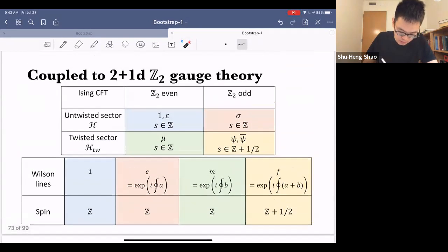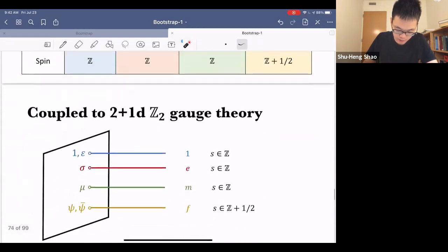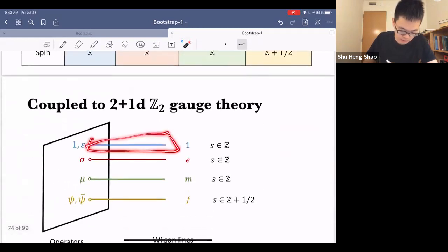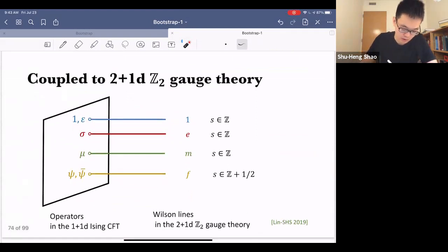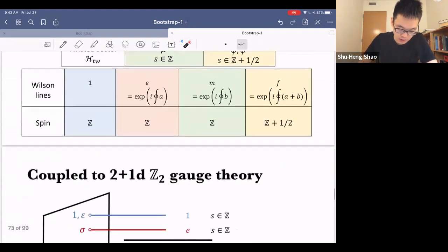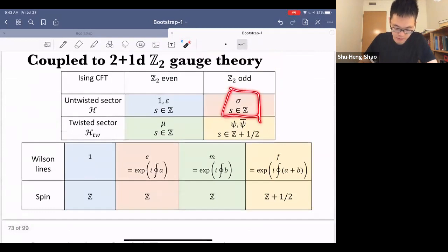The Z2 even operators live at the end of the trivial line. That's easy to understand because what you did is to gauge the Z2. These guys are Z2 even, so they don't see anything. They are still local operators on the boundary. The Z2 odd operator, the order operator, is now attached to the Wilson line.